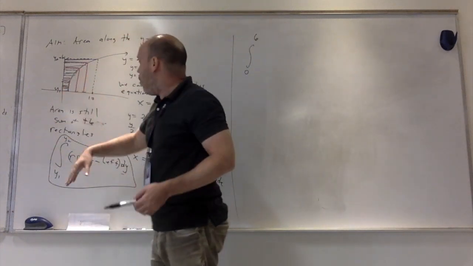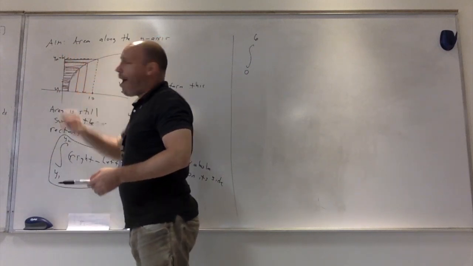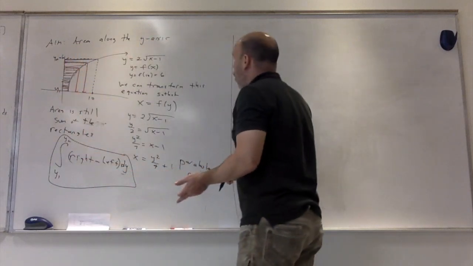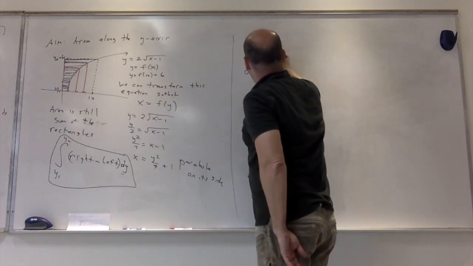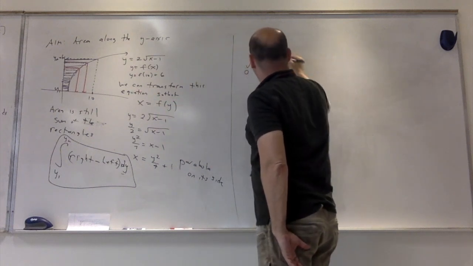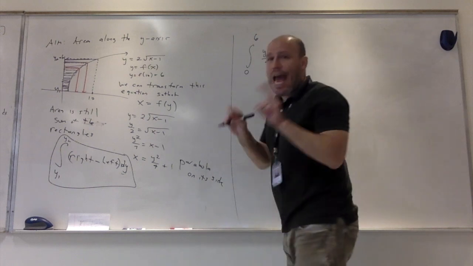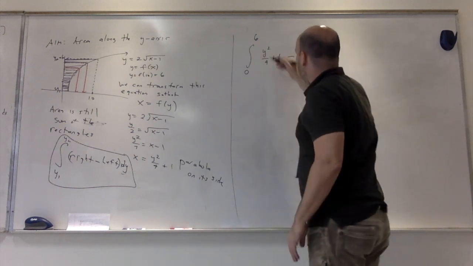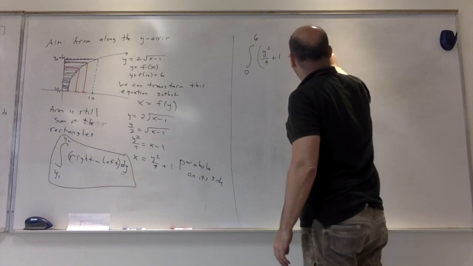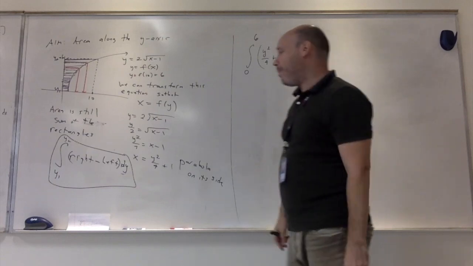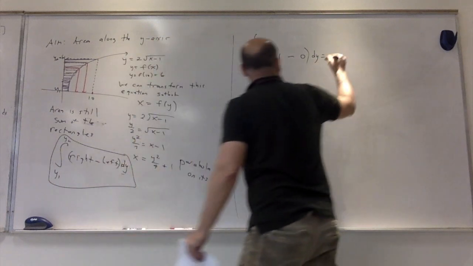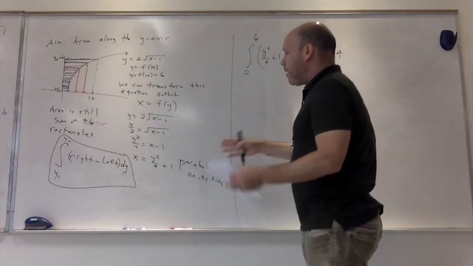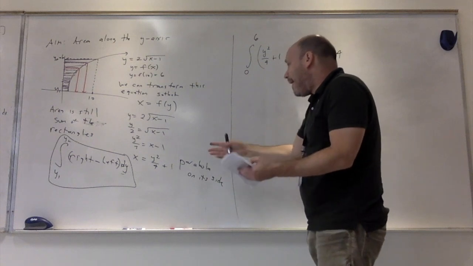We start from the right and we subtract the left. So we're starting at the function, which is y squared over 4 plus 1, and we're subtracting the x-axis, and then dy. You can figure this out on your own. The answer is 24. Once again, let me write that.